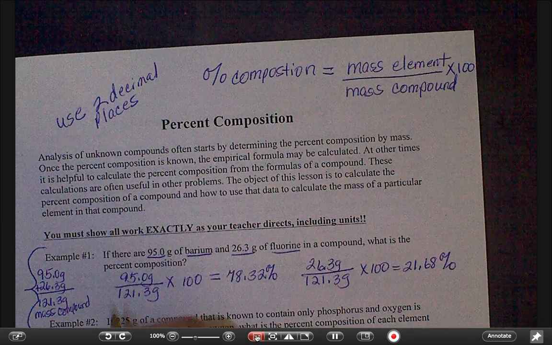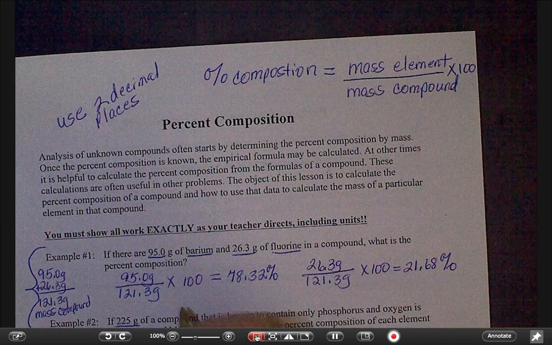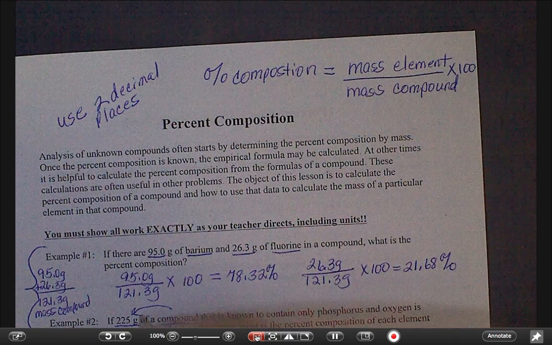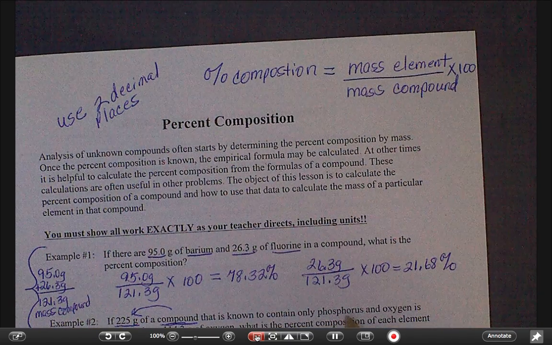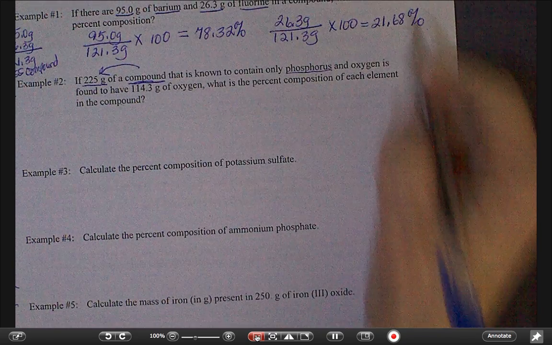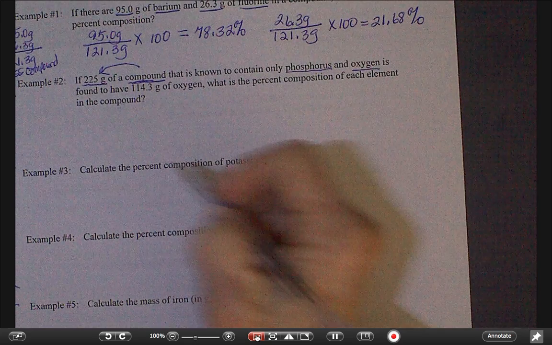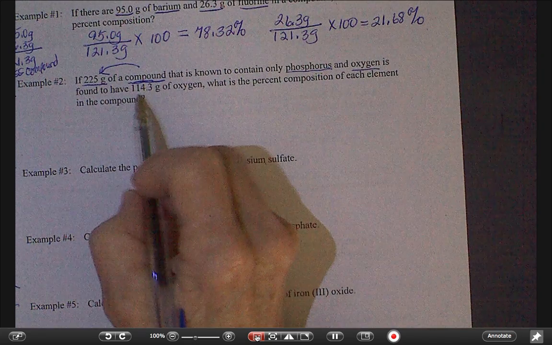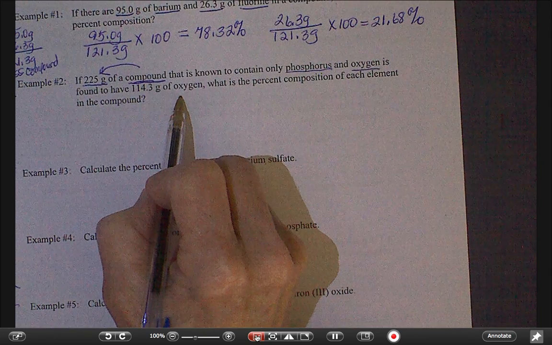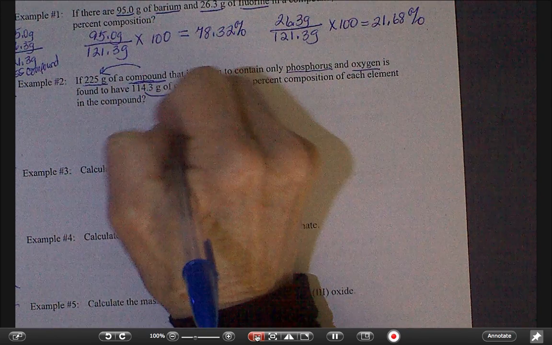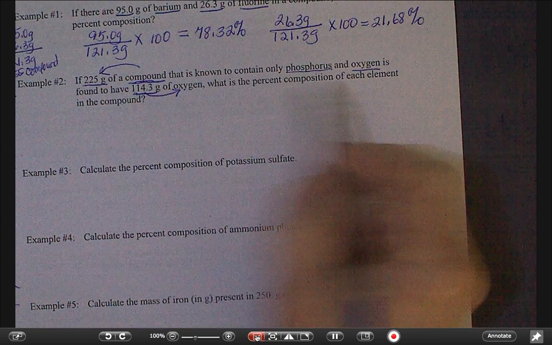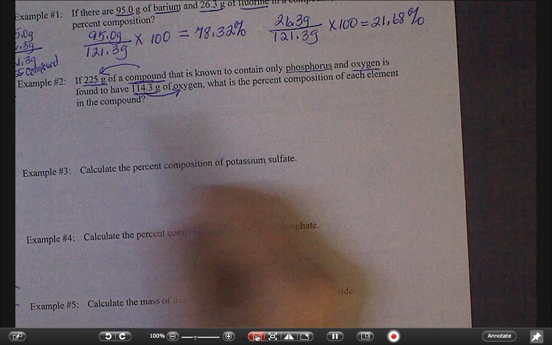Yes, because it says 225 grams of a compound is known to contain only who? Phosphorus and oxygen. And 114.3 grams goes with who? That's right. So they want to know the percent composition of each element.